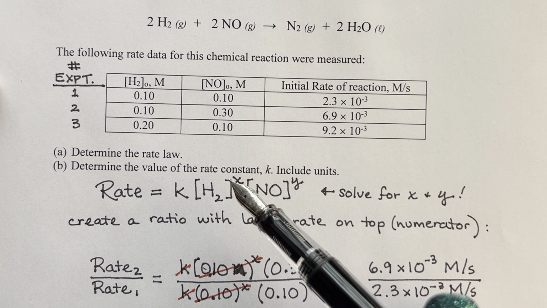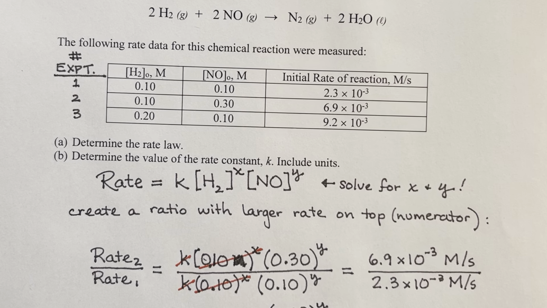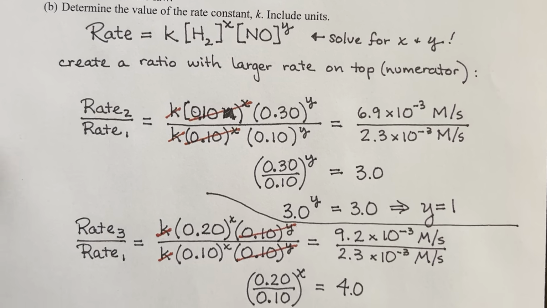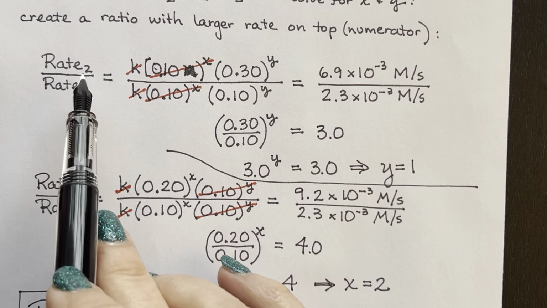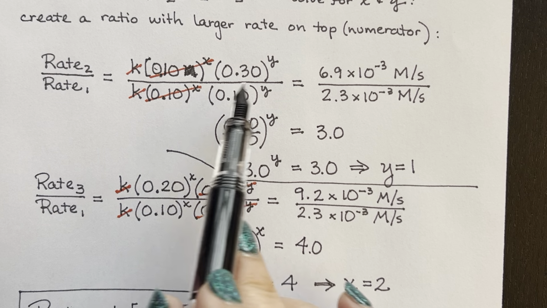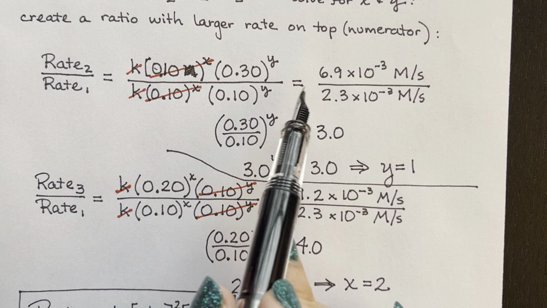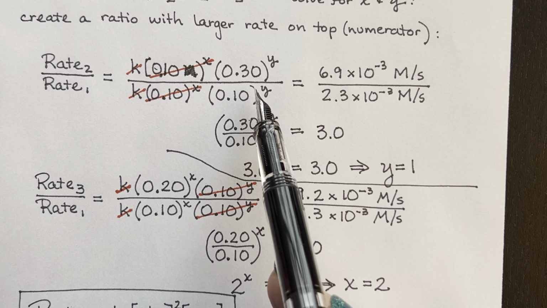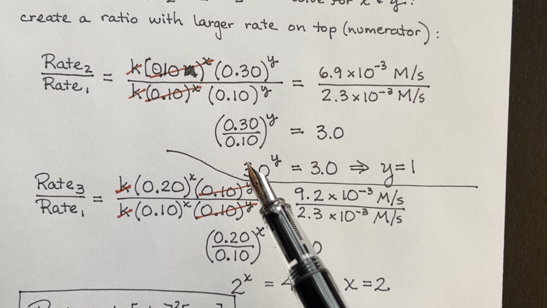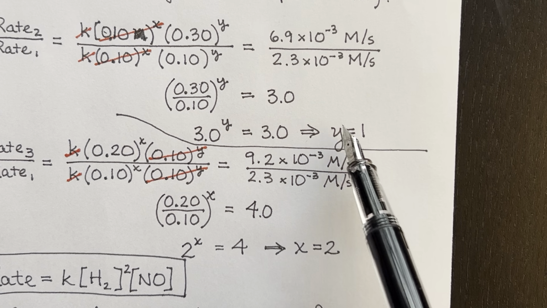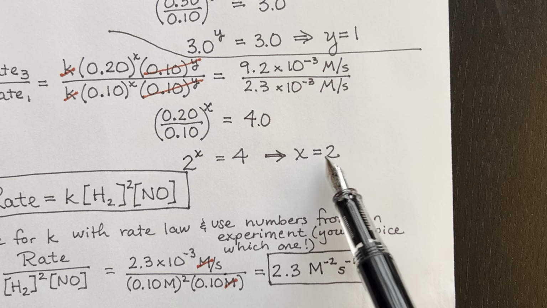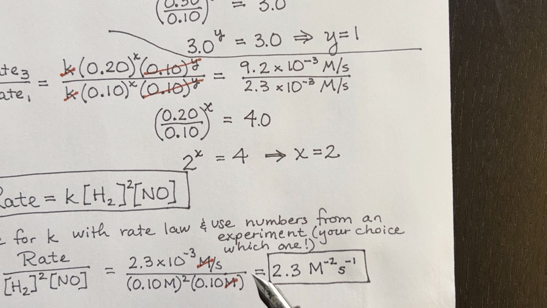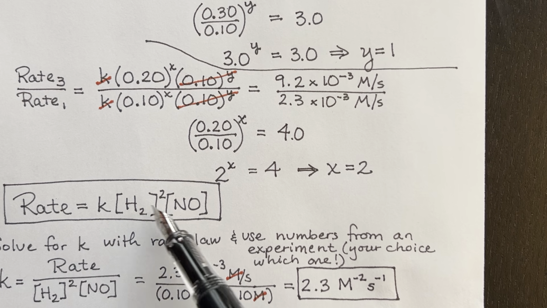So hopefully this is helpful for you, going through this example of using these ratios of each of these experiments, and allowing you to isolate what those exponents are on your way to figuring out the rate law.